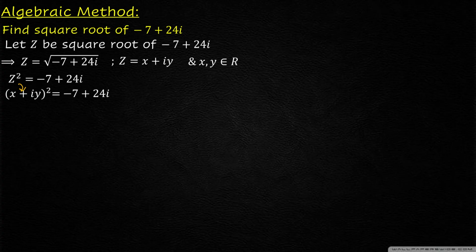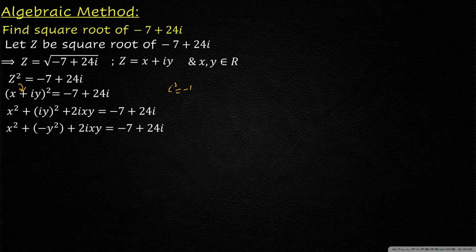We expand the square on the left hand side and get x square plus iota y whole square plus 2 iota xy is equal to minus 7 plus 24 iota. We know that iota square is equal to minus 1. So we can write the left hand side as x square minus y square plus 2 iota xy is equal to minus 7 plus 24 iota.